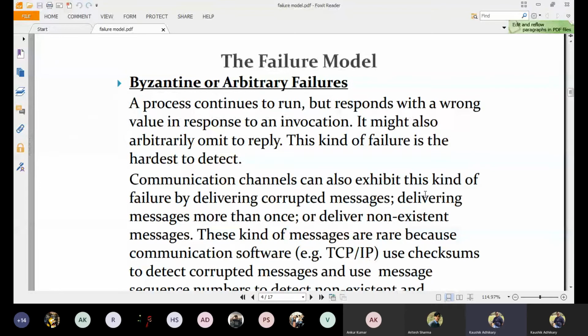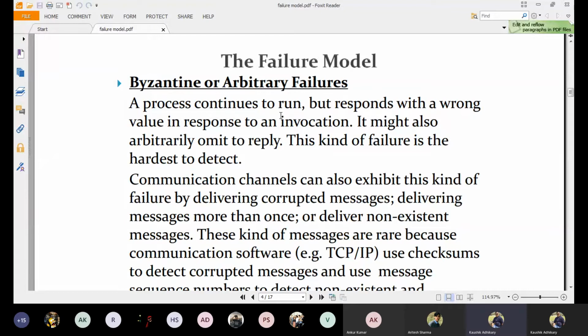So here we see that a process continues to run but responds with a wrong value in response to an invocation. Means the receiver will continue to run, but it will respond with a wrong value in response to invocation.